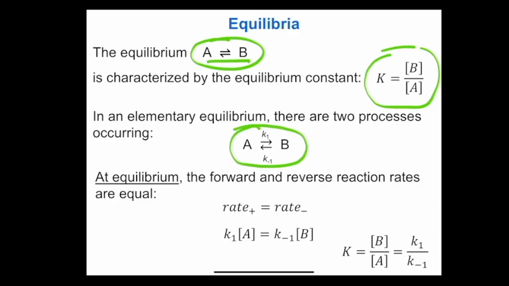We think of A in equilibrium with B as actually step 1, A goes to B, and step 2, B goes back to A. We look at them as two individual, distinct elementary processes, one forward, one back. Now, why we do that is because instead of talking about this in terms of capital K as our rate constant, I have what we call k1 and k minus 1.